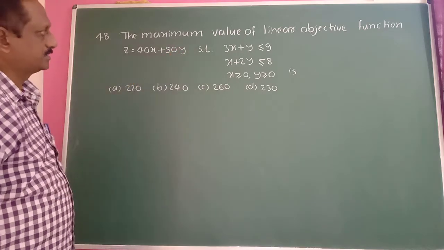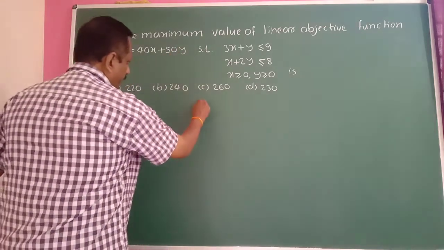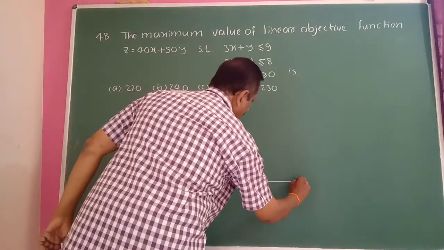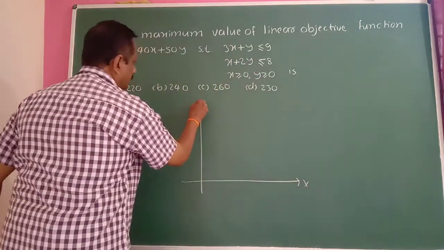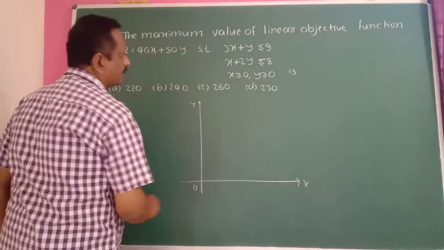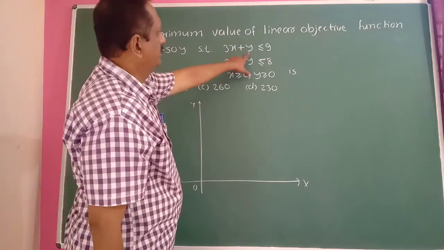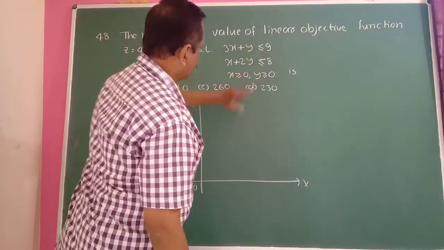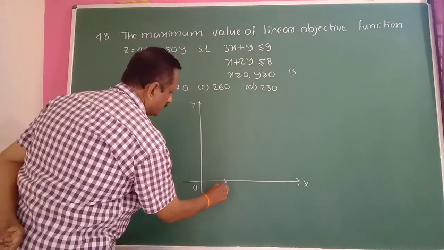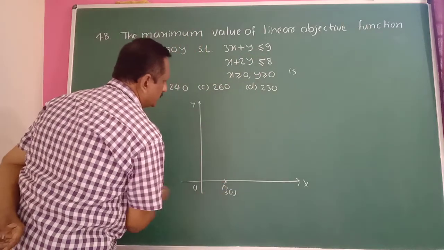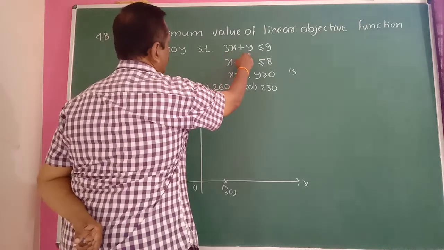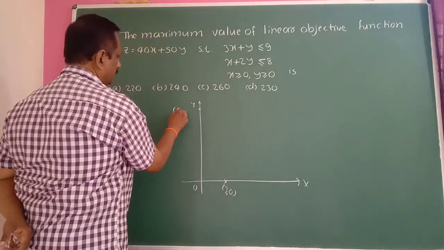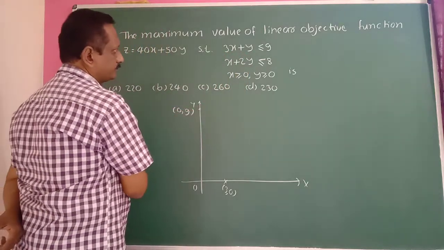two constraints are there. Therefore, take the x axis and y axis here. Put y 0 here: 3x equal to 9, x equal to 3, so (3, 0). Put x 0, y is equal to 9, so (0, 9).